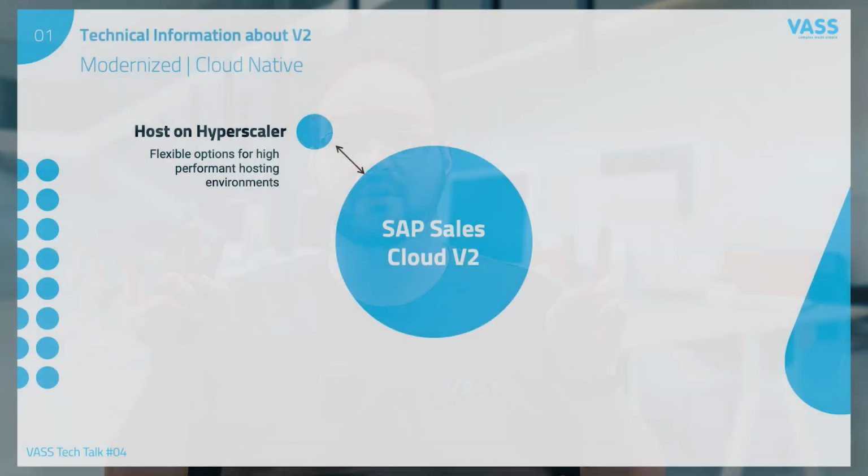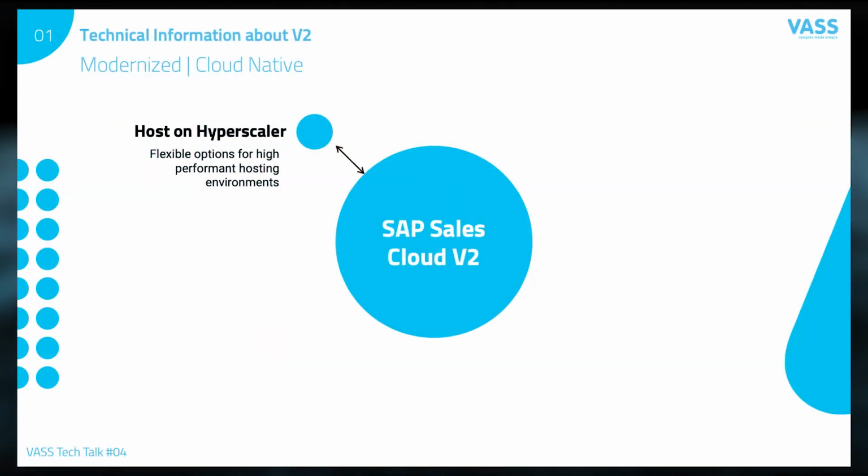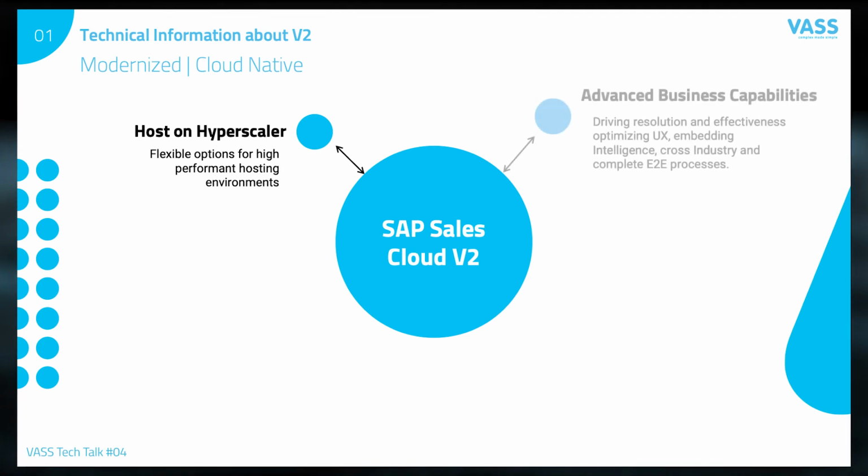Now, five things to mention here. That is really the core technology change in the so-called new cloud native core. Host and hyperscaler, so you have a better and more flexible option for running the application at high performance. You have advanced business capabilities that give you a tuning in efficiency of the user experience and also cross-industry, complete end-to-end processes that come along with the new solution.